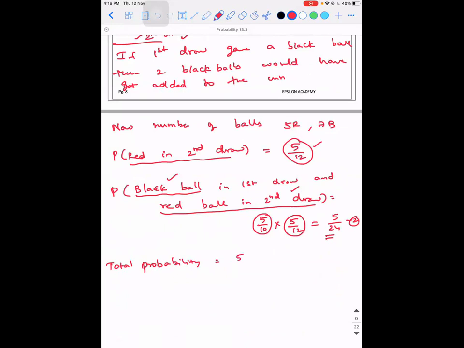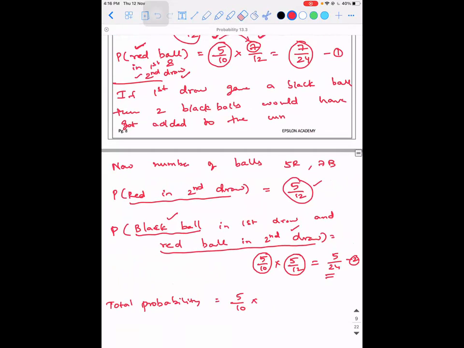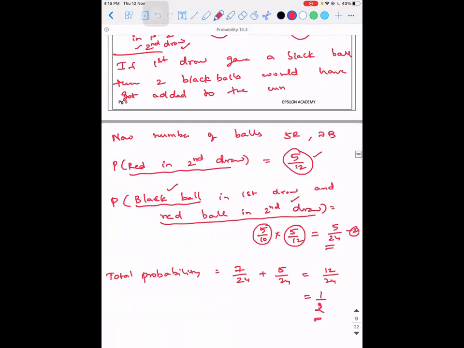It is 7 by 24 plus 5 by 24. It is 12 by 24. That is 1 by 2. Darshini, are you clear? Yes, sir. So the answer is 1 by 2.